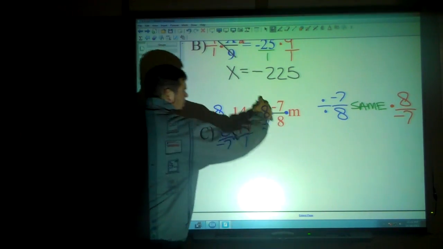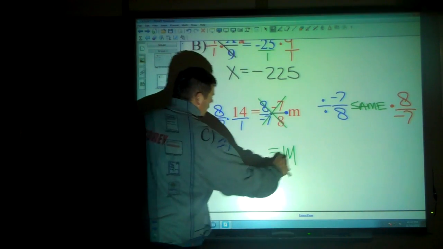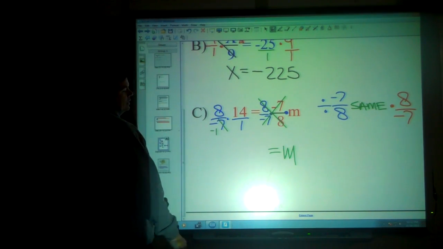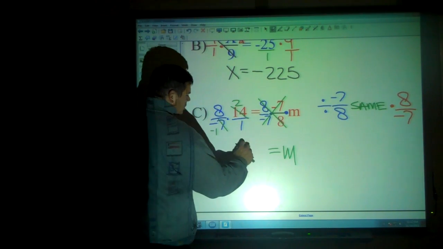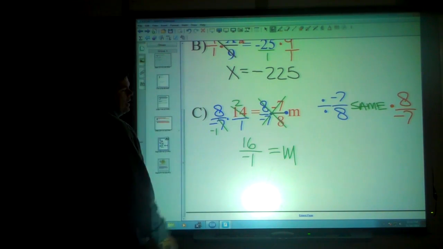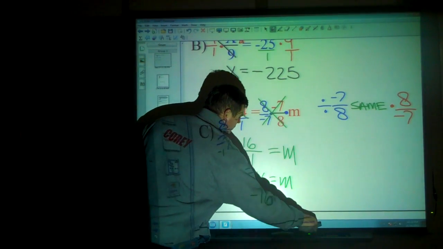I can now do the crossing out that I needed to do so that m is alone. And here, 7 goes into itself once, so we can make it like negative 1, and into 14 twice. 8 times 2 is 16. Negative 1 times 1 is negative 1. And 16 over negative 1 is negative 16.